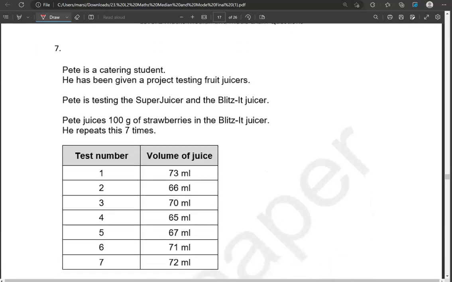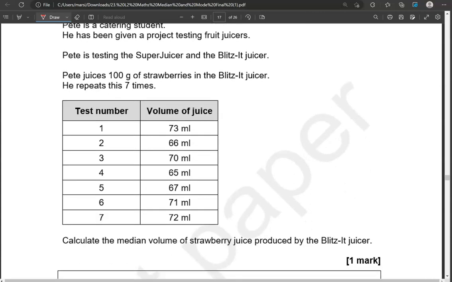Pete is a catering student. He has been given a project testing fruit juicers. Pete is testing the super juicer and the blitzed juicer. Pete juices 100 grams of strawberries in the blitzed juicer. He repeats this 7 times. Calculate the median volume of strawberry juice produced by the blitzed juicer. So we'll put the numbers in order to work out the median. The smallest of these is 65.